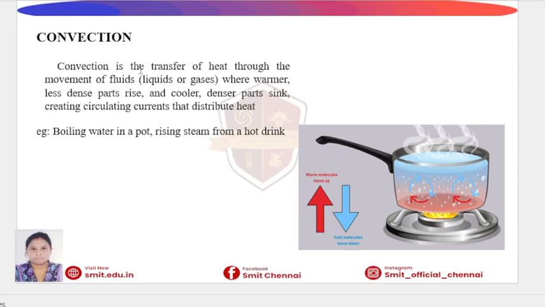Convection is the transfer of heat through the movement of fluids, meaning liquids or gases, where warmer, less dense parts rise and cooler, denser parts sink, creating circulating currents that distribute the heat. The best examples are boiling water in a pot and rising steam from a hot drink.